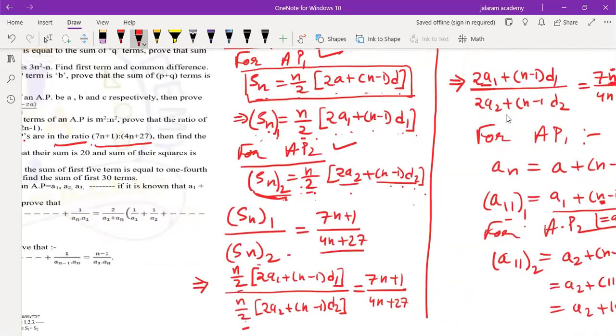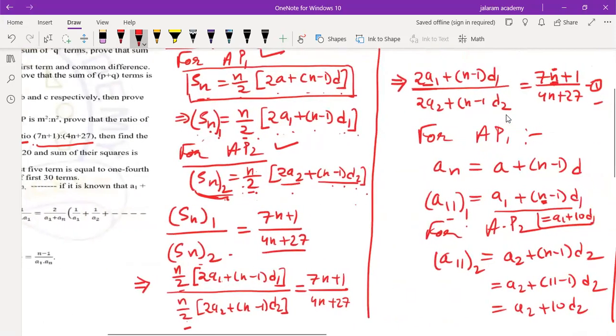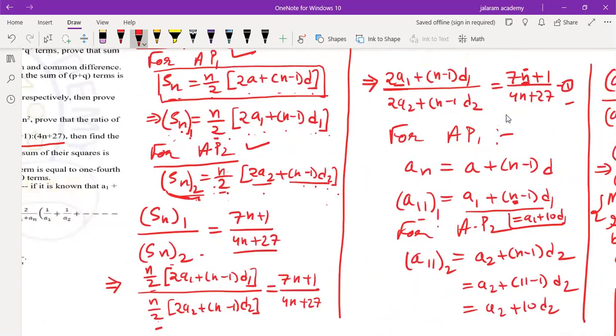So n by 2 from the numerator and denominator will cancel out, and the terms inside the bracket remain. So we write (2a1 plus n minus 1 into d1) over (2a2 plus n minus 1 into d2) equals the right hand side, same, (7n plus 1) over (4n plus 27). We cannot solve it further, so leave it as equation number 1.